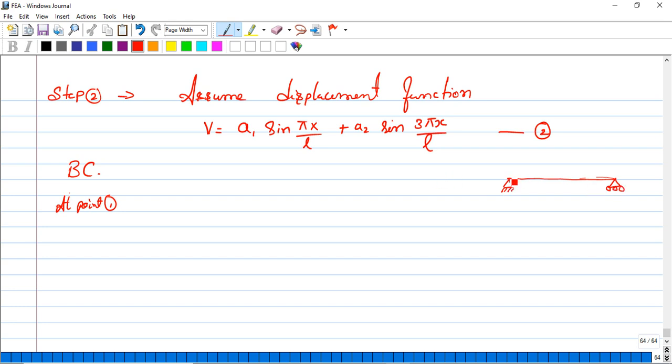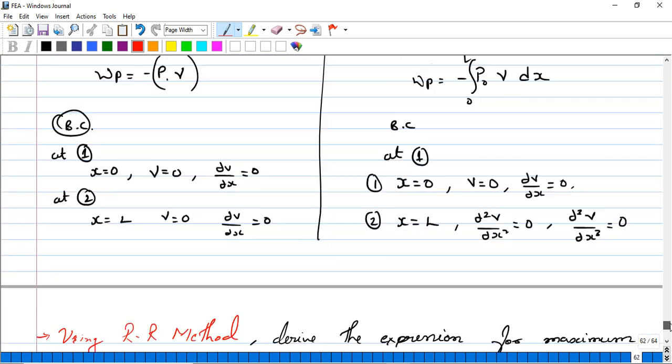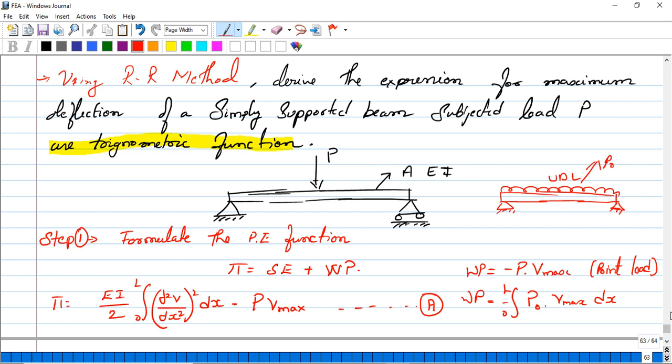So at this particular point we have a simply supported beam. Here I will consider the boundary conditions.